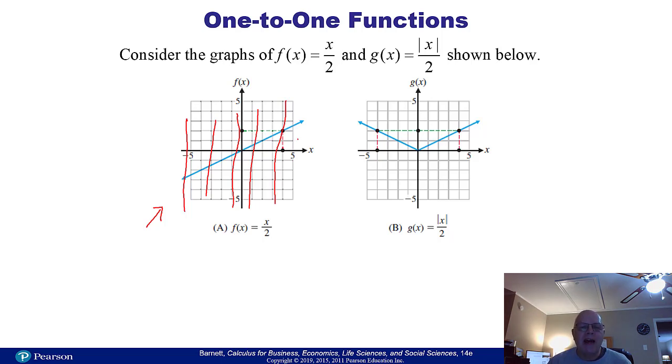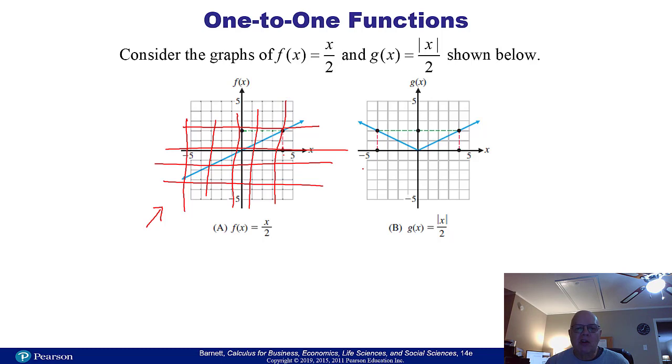Also, if you drew horizontal lines, it never crosses the graph of that function more than once. That's not only a function, but a one-to-one function. It passes the vertical line test and the horizontal line test.